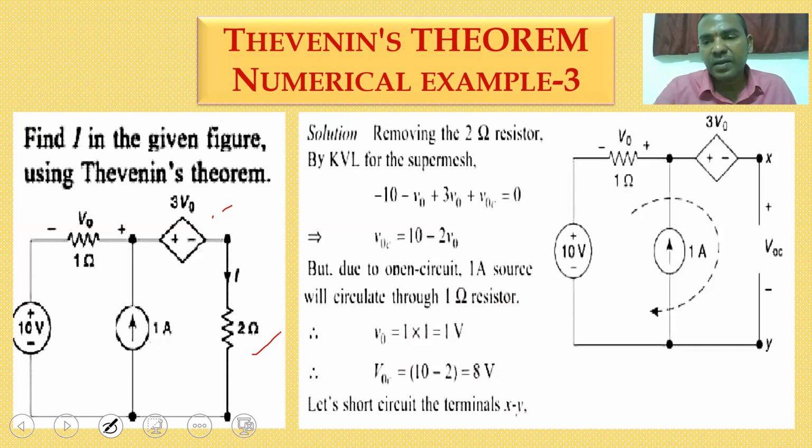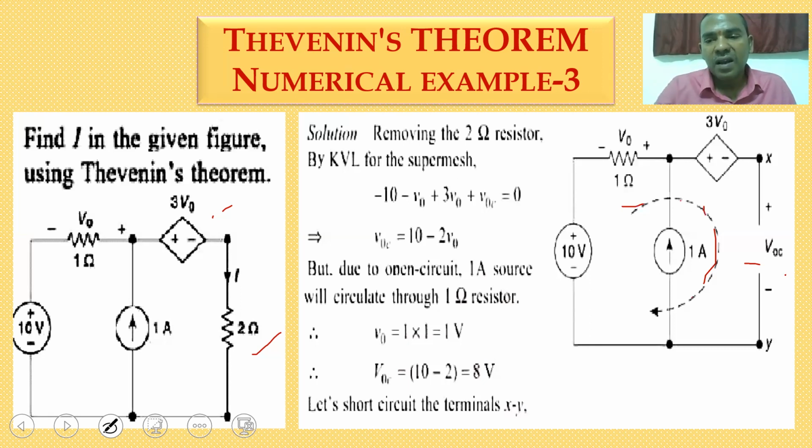I have taken the total loop current in the clockwise direction. VOC is the open circuit voltage, same as the VTH. 10 volts is applied, 1 ampere is also applied.